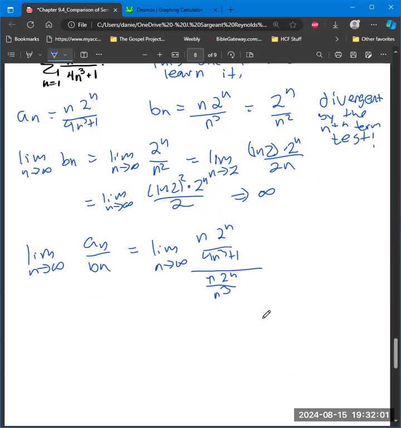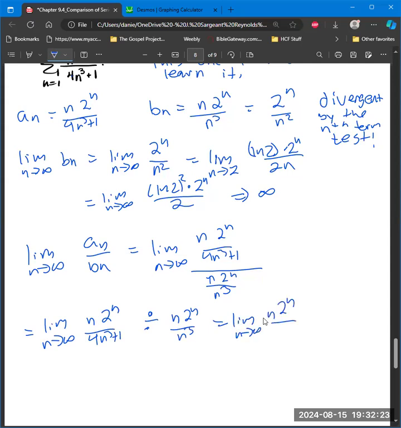So this is going to be equal to, write it this way, the limit as n goes to infinity of 2 to the n over 4n cubed plus 1 divided by 2 to the n over n cubed, which equals the limit as n goes to infinity of 2 to the n over 4n cubed plus 1 times n cubed over 2 to the n.